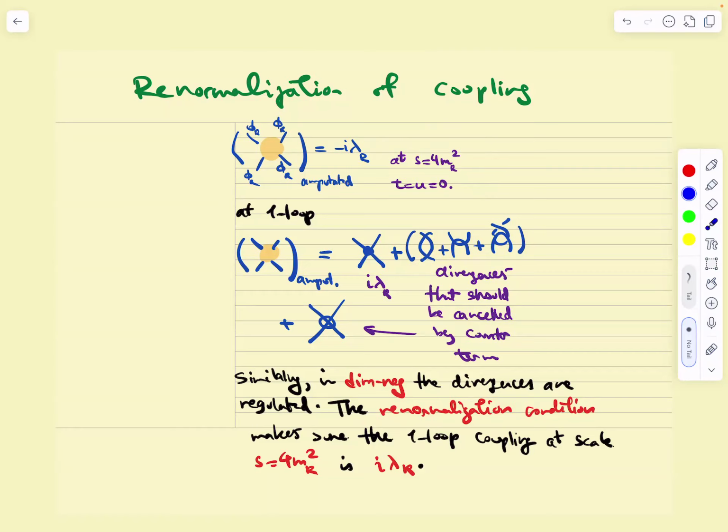In 2 to 2 scattering, with the signature minus 1 plus 1 plus 1 plus 1 plus 1, there are 3 variables, S, T, and U. S is minus K plus P squared.